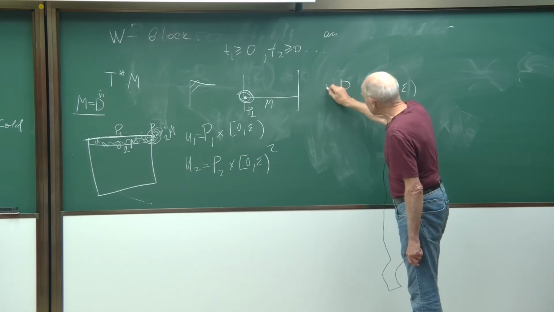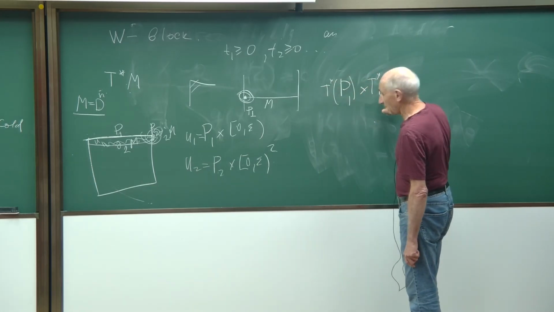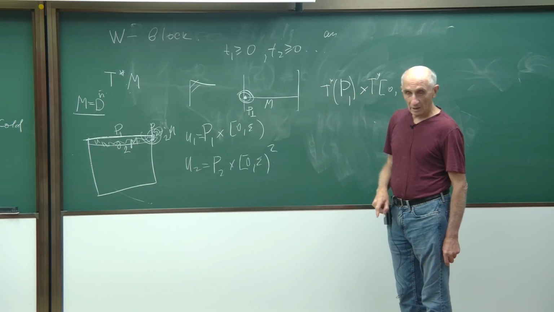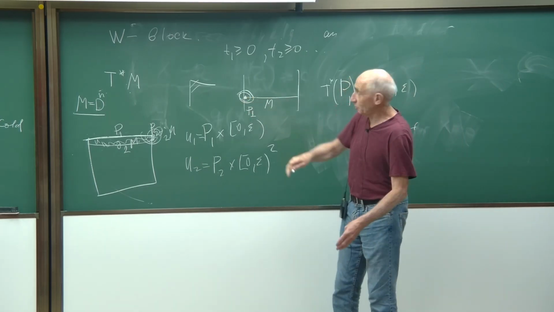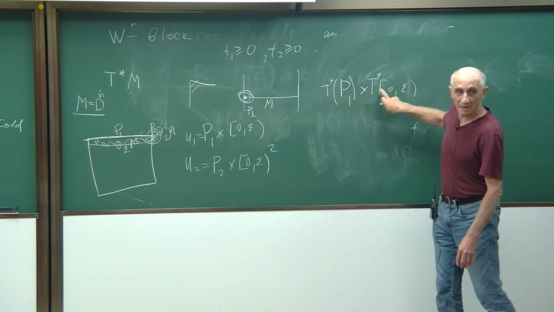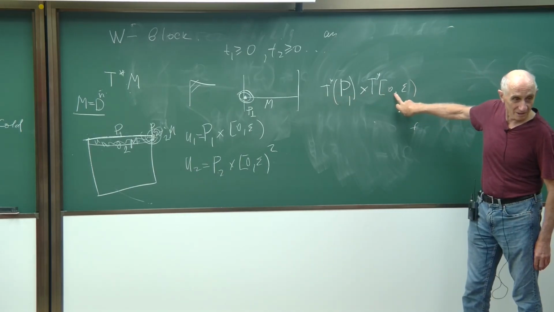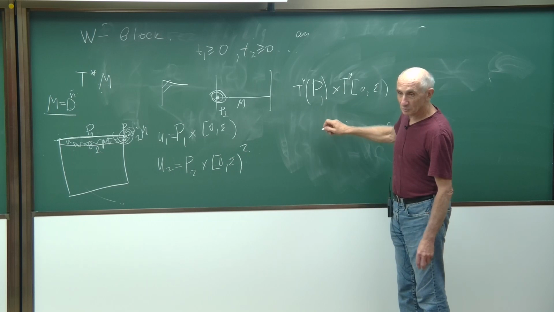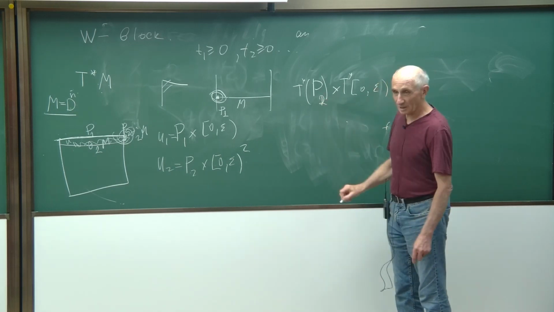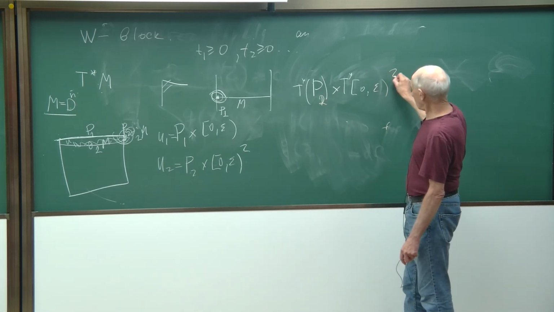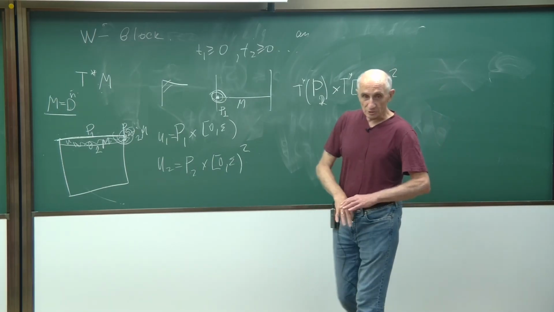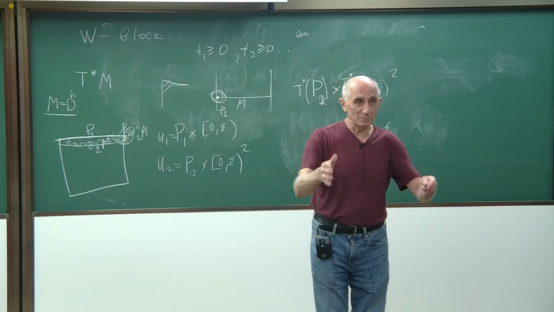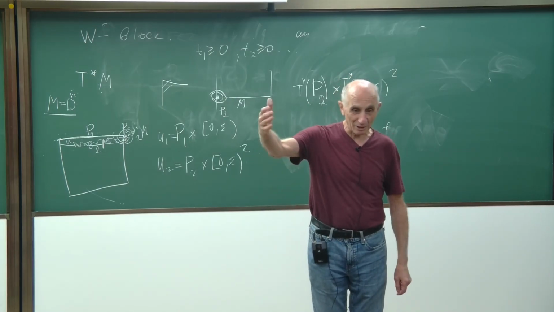So it looks like T star of P1 times this. Our manifold itself looks like P1 times this, and the neighborhood looks like T star of P1 times T star of this. And if you have a neighborhood of a two face, it will be T star of P2 times T star of this square. So this is a kind of definition of a Weinstein manifold with boundary with corners.